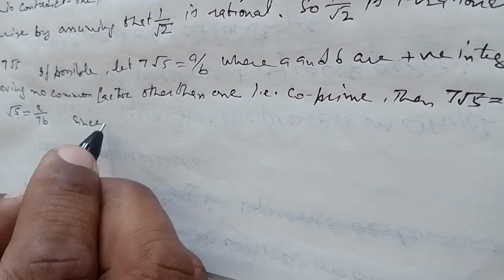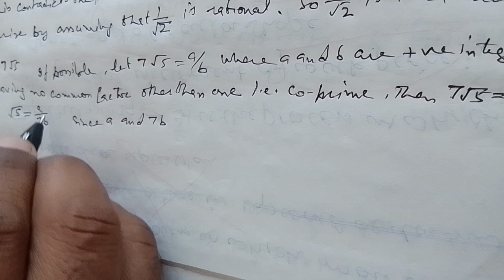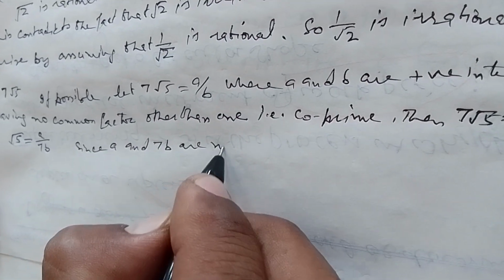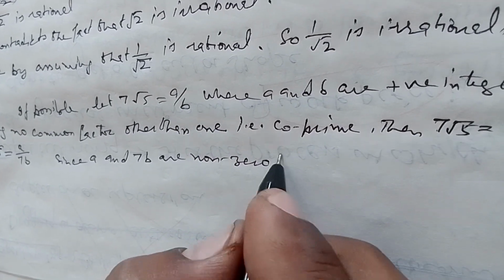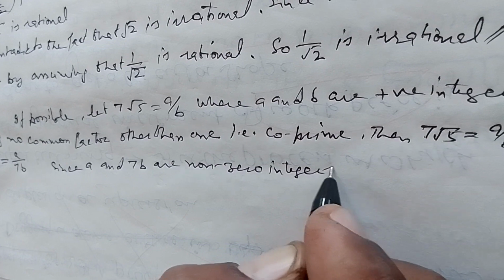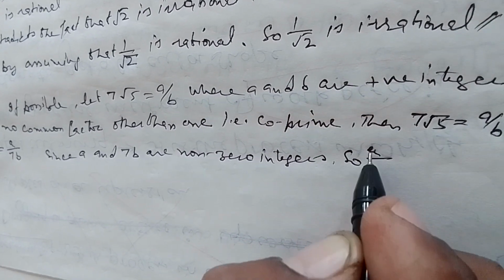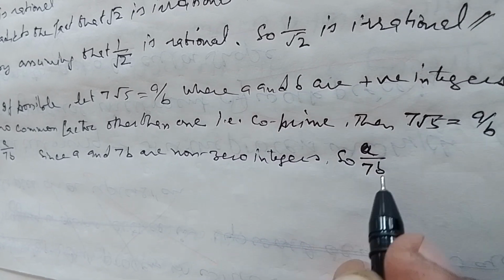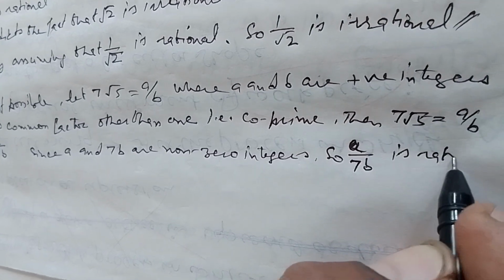Since a and 7b are non-zero integers, a divided by 7b is rational.